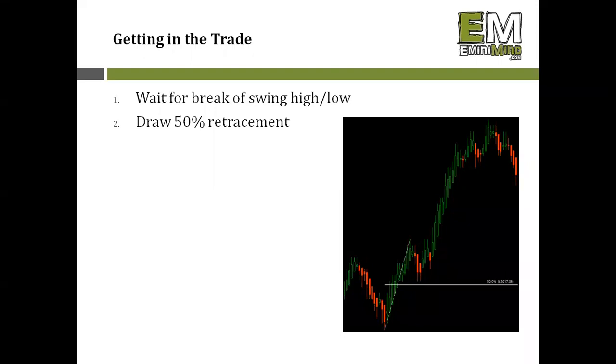There's quite a few algorithms and hedge funds, computerized trading firms and the like that use Fibonacci retracements, and particularly retracements to 50%. And so being an individual trader, someone who trades from home, you're not trading 100 ES contracts.